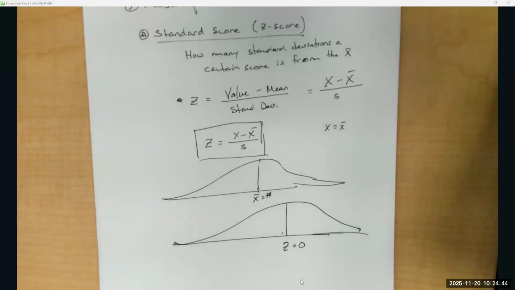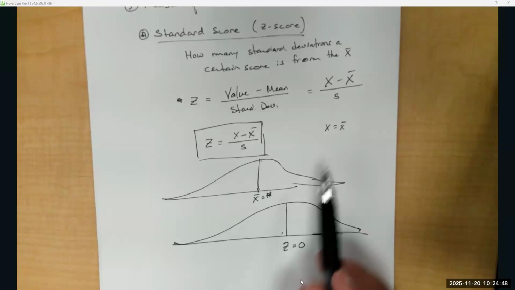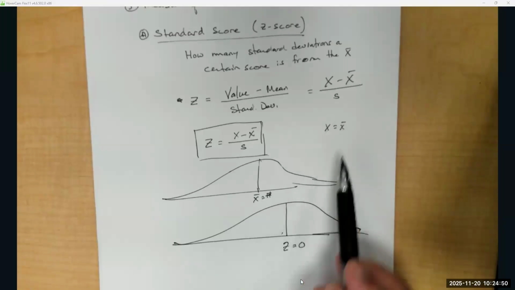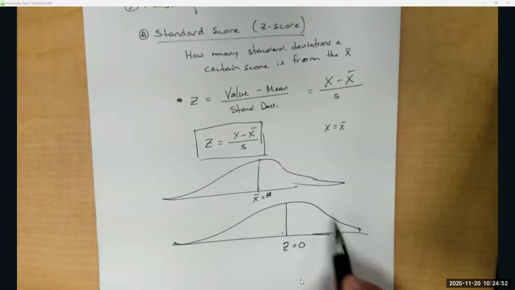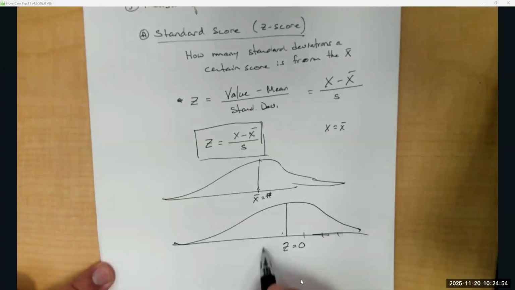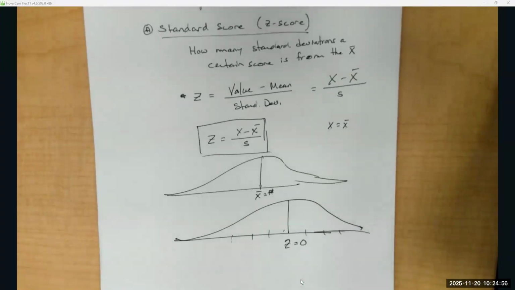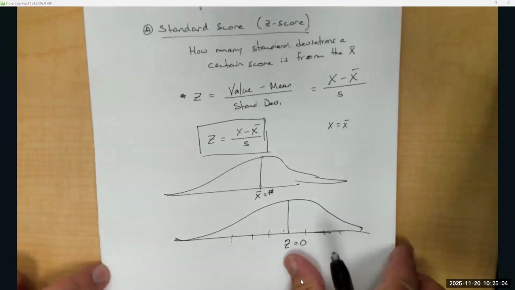If x equals the mean, then it's 0. So anything to the right is positive, anything to the left is negative, relative to the z values, the standard deviations you are from the mean. So let's look at the first example.